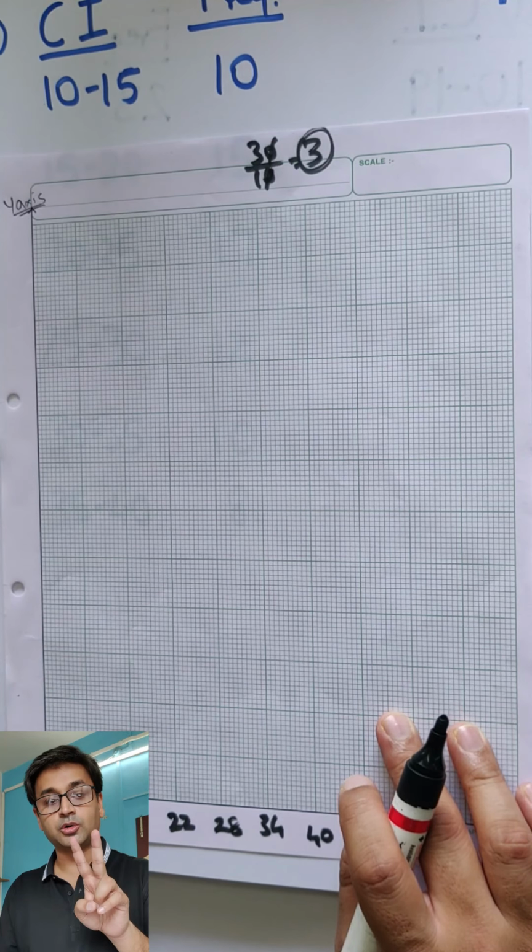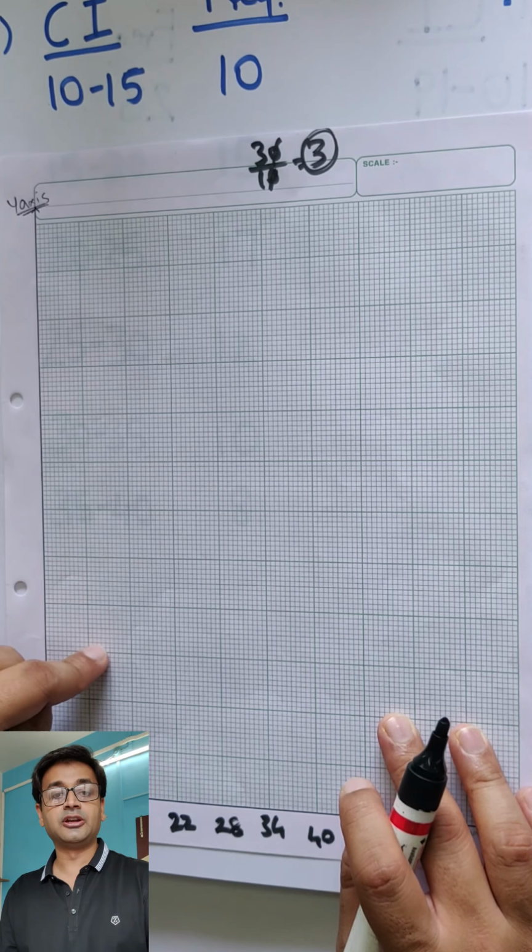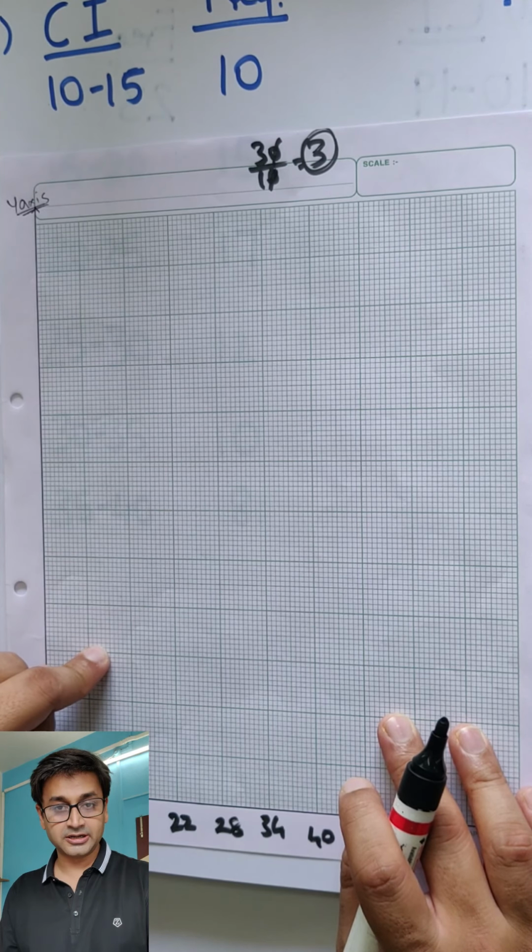Not wrong as such, because the board is using this, the standard graph by ICSE. Therefore we need to stick to this graph paper. Is that clear? So we are going to divide over here each by 5. So I am calibrating here as 5, 10, 15, 20, 25 and 30 is the last one. So the first one they said is 15. So 15 is 10 to 16, correct?